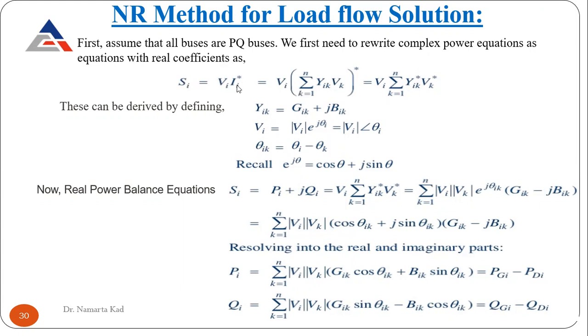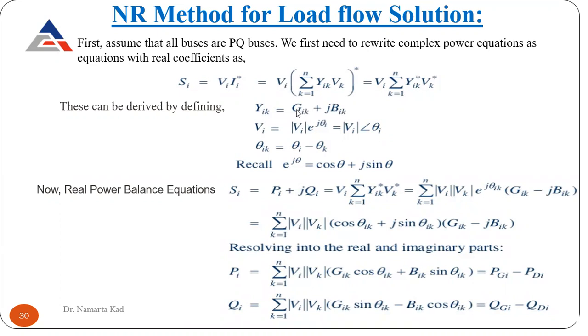Now I can be written as the summation of k equals 1 to n of admittance into voltage. So it can be written in this form, and take its conjugate. So the conjugate comes on the individual admittance and voltage. We know that admittance is equal to conductance plus j of susceptance, G_ik plus jB_ik.